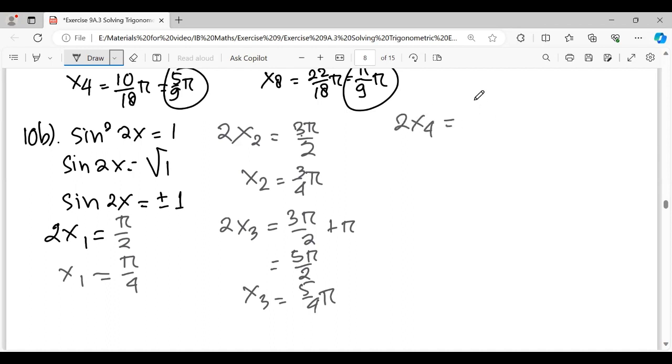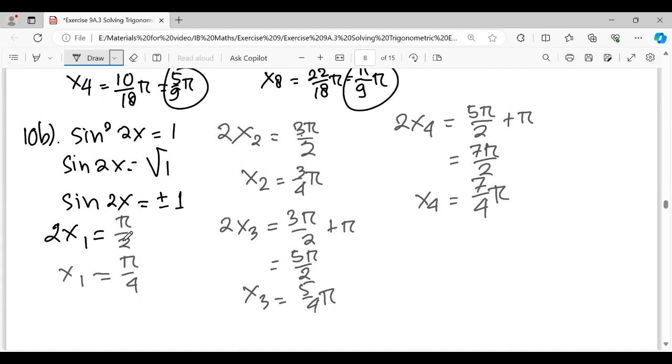X4: 2x4 equals 5 pi over 2 plus pi, 7 pi half, so x4 is 7/4 pi.